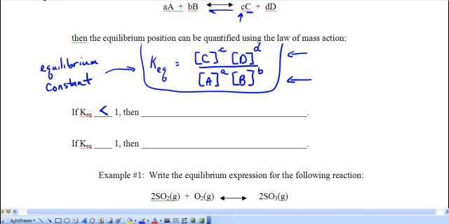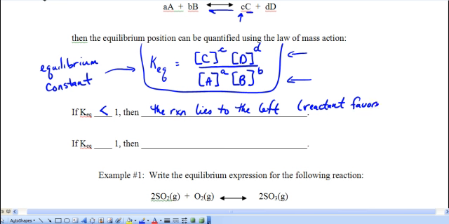So that means that the reaction lies to the left, meaning it is reactant favored.